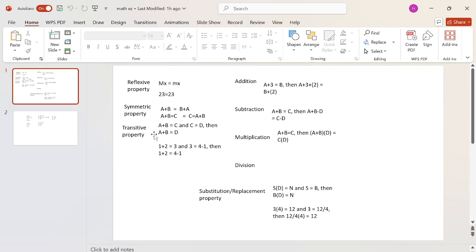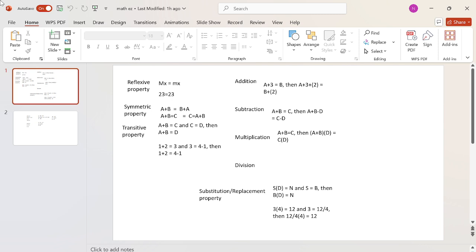Okay, transitive property. Let's move to our favorite property, the transitive property. So A plus B is equal to C and C is equal to D. That means A plus B equals D because all of them have the same value, so you can say that they're all equal.